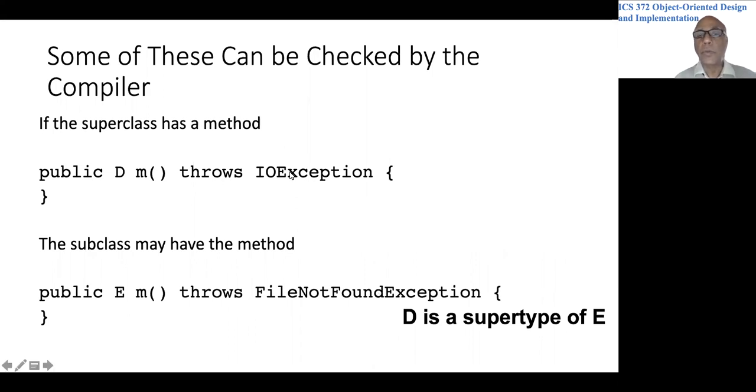Similarly, we also have restrictions with respect to the exceptions that can be thrown. If a superclass throws a certain exception, the subclass can throw only those exceptions or subclasses of that exception, not anything that is more general than the superclass method's exception.